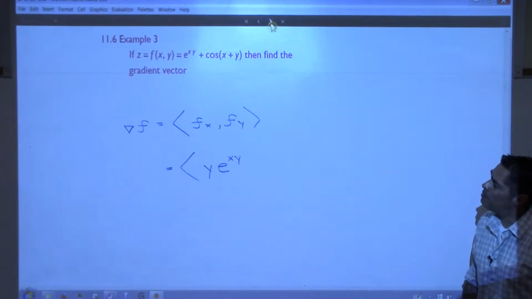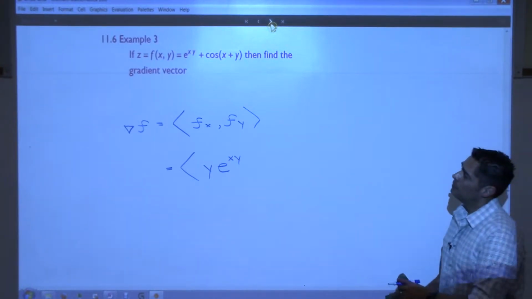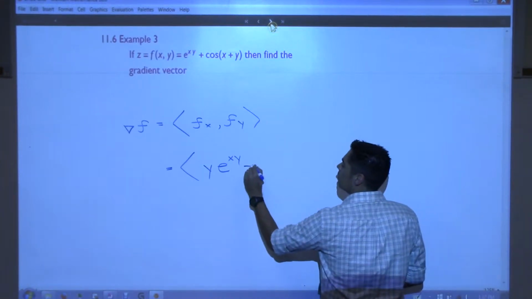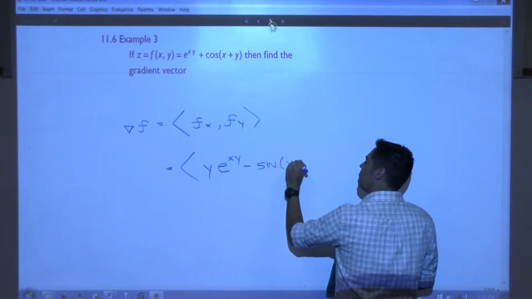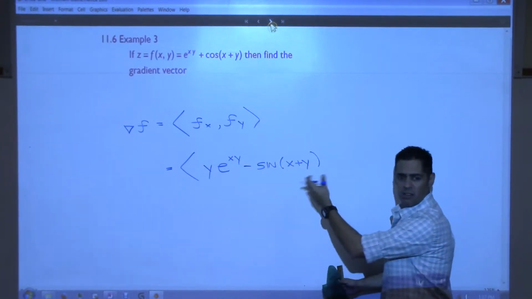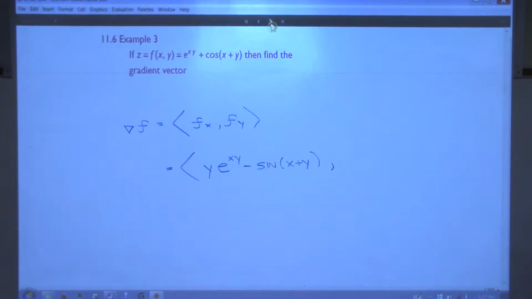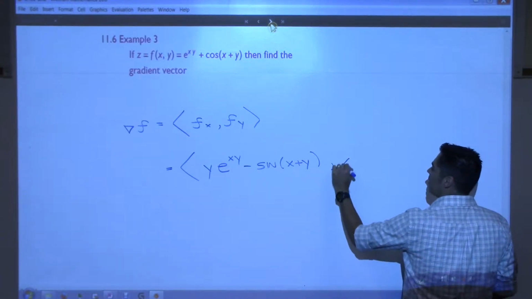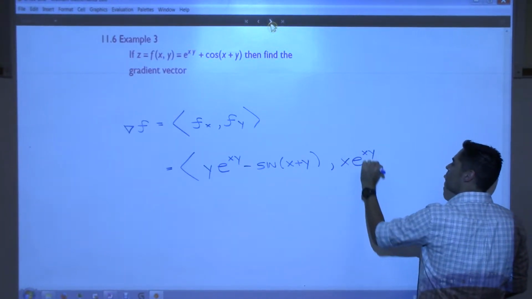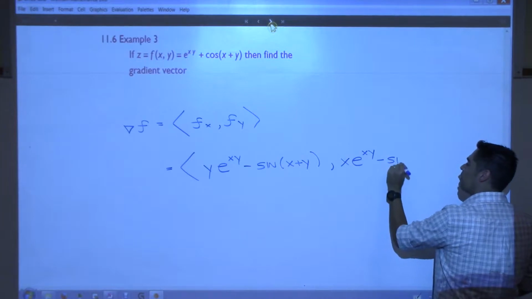What's the partial of that with respect to x? Negative sine of x plus y. Anything else there? That's it. Okay, I agree. And then now we do comma. So the second component of the gradient vector is the partial of that with respect to y. So instead of y e to the xy, it's x e to the xy. And then minus, this part's exactly the same.